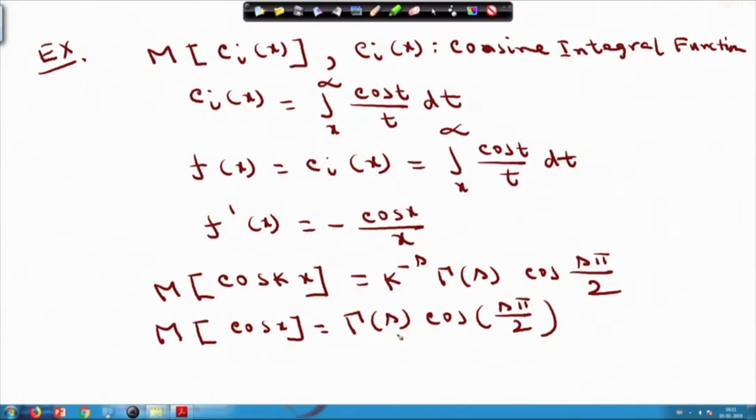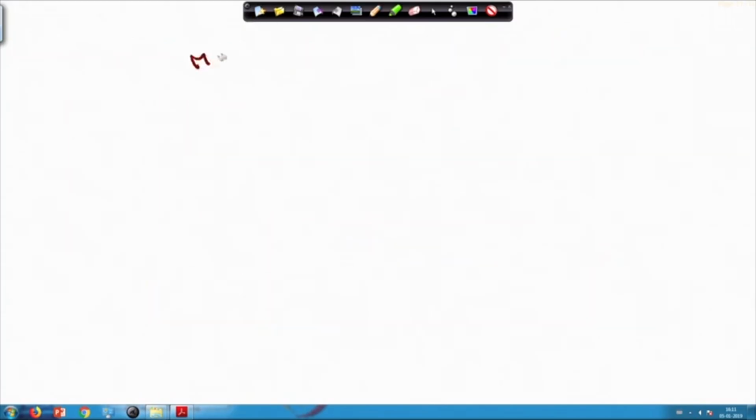This equals gamma s into cos (s pi by 2), but I am interested in cos x by x.